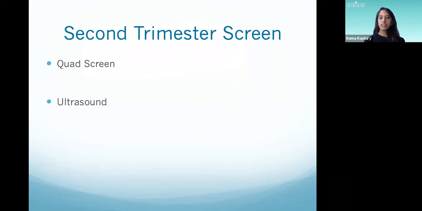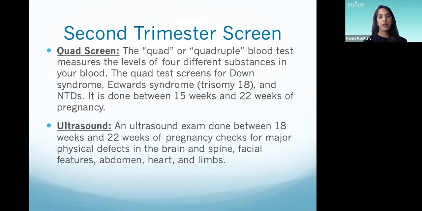Okay, so moving on to the second trimester. Usually the second trimester screening includes the quad screen and an ultrasound. The quad screen basically looks at 4 markers, similarly to the blood work that we said in the first trimester screen.